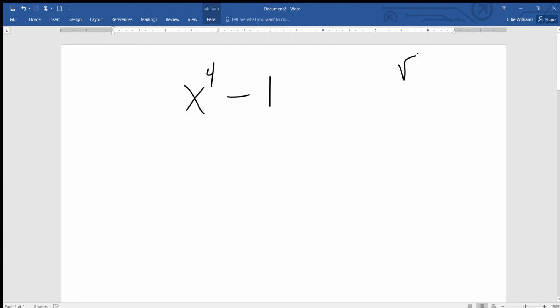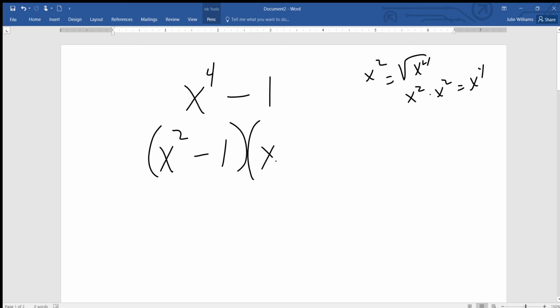What's the square root of x to the 4th? What times itself equals x to the 4th? Well, that would be x squared, wouldn't it? So then I would get x squared minus 1, x squared plus 1. Because 1 is a perfect square, x to the 4th subtract 1 is still the difference of perfect squares, and so we use that same format.